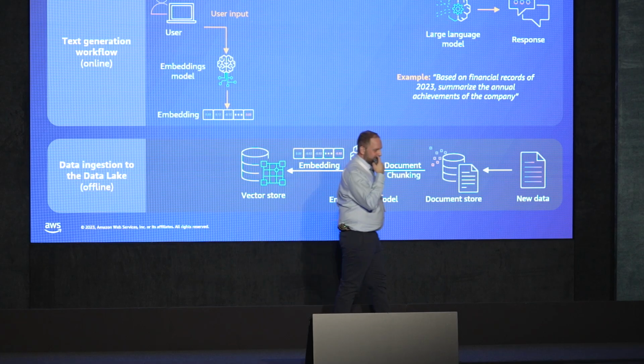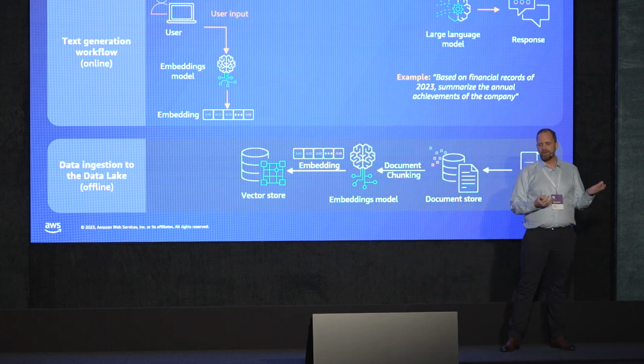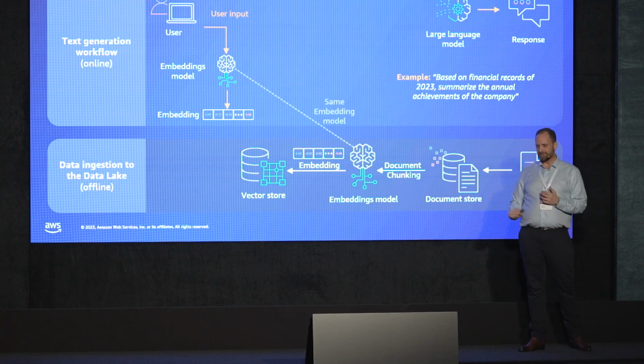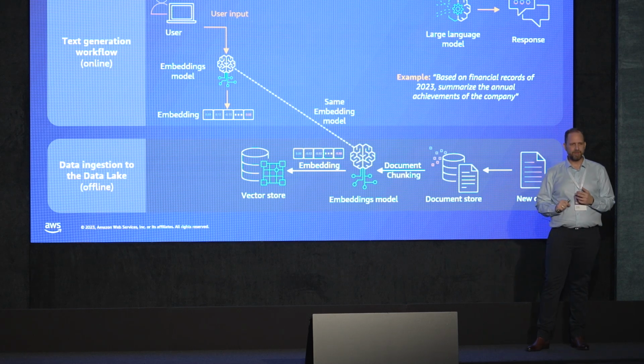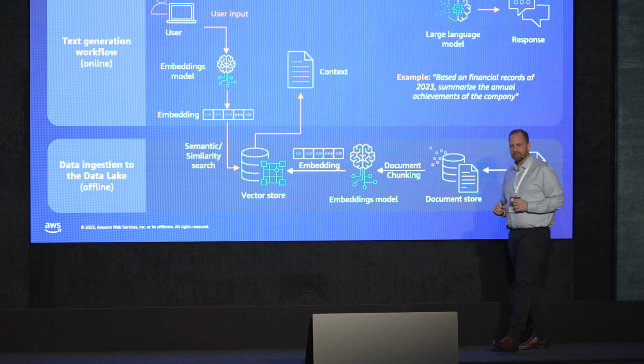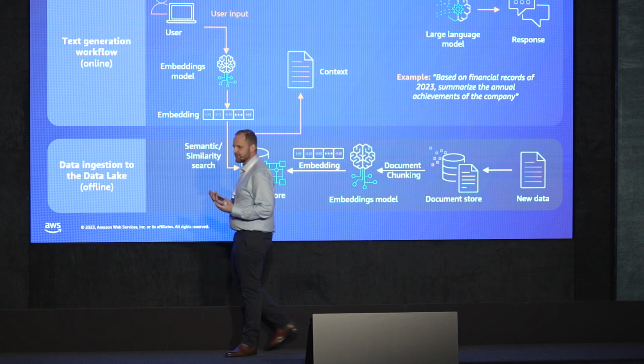Now, let's link that with our LLM. How does this work? The input from the user goes to the same embedding model as the one that we use to vectorize our data and transforms this input into vectors. Then we are able to do this similarity search. And this will help us to get the context, as we call it.